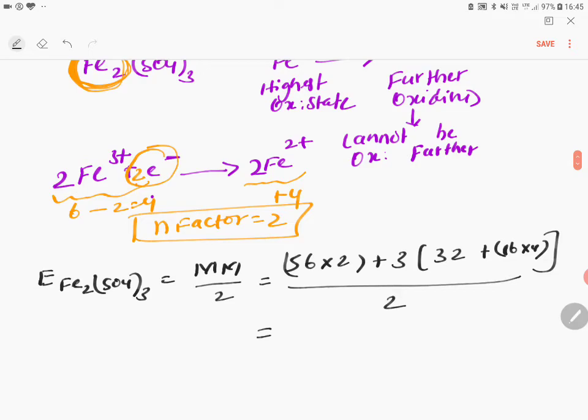So the equivalent mass is 112 plus 288, divided by 2, which is 400 by 2, which is 200 grams.